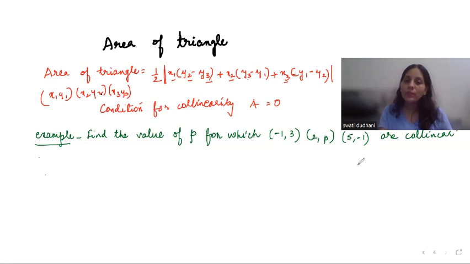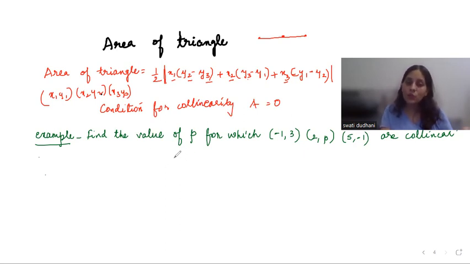Because when the points are collinear, they lie on the same straight line. In my previous video, I've already explained what collinearity is. When they lie on the same straight line, the triangle is not formed, which automatically means that the area is 0. So we can use this condition and quickly solve this question.